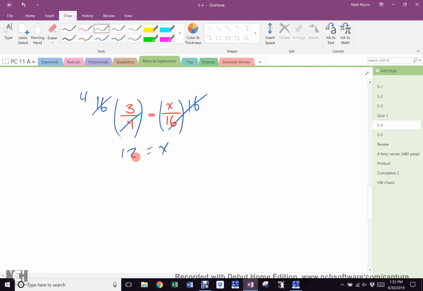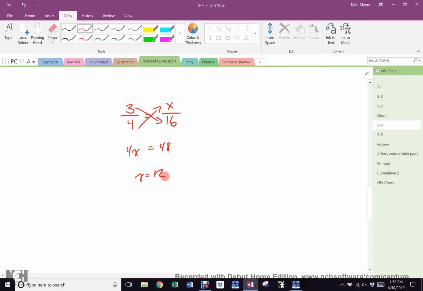Technically. Now, please notice that if you've been in my class before, which 90% of you have, whenever you have fraction equals fraction, what can you do? Cross multiply. 4 times x equals 48. X equals 12. Yes?